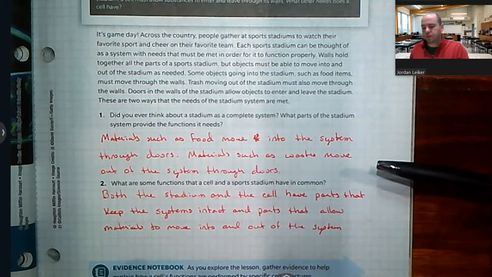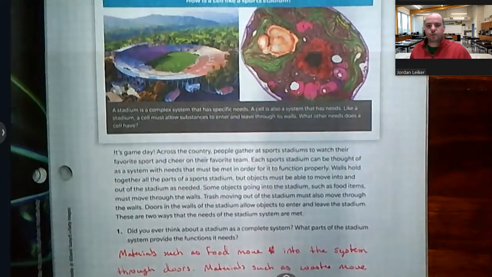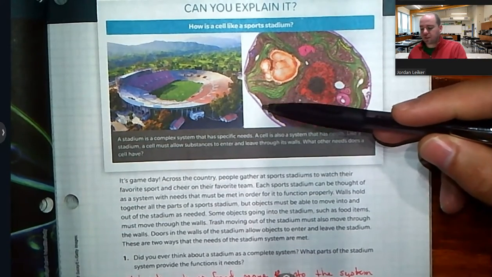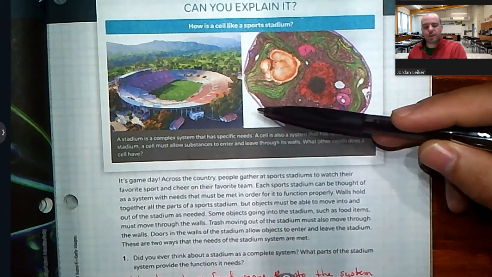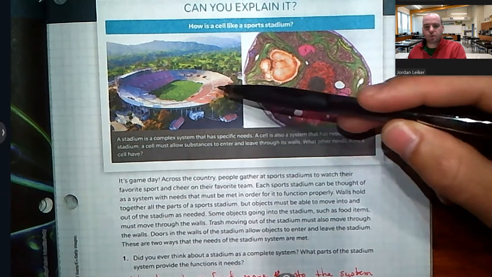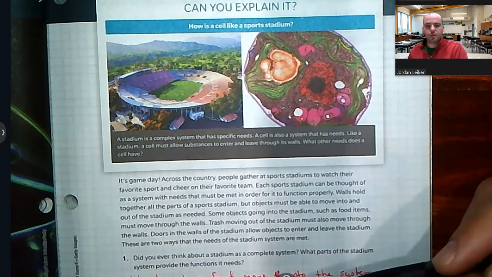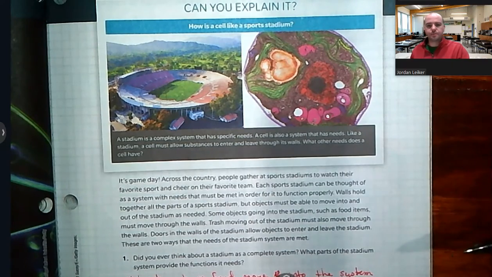Well, both the cell and the sports stadium have different parts that keep the systems intact. They allow the materials to move in and out of the system. So a cell has a cell membrane around the outside, and that allows materials to come in and waste to go out of the cell. Just like the stadium, the walls on the outside have the doors that allow materials to come in and waste to come out.